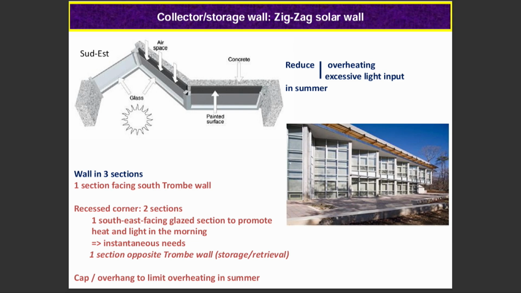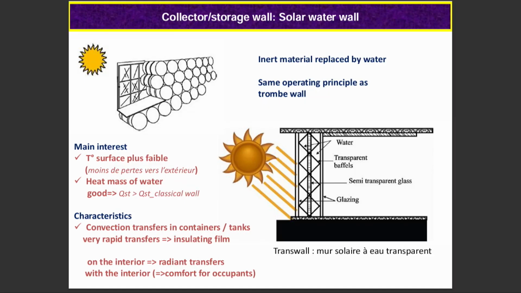So, an interesting study also: instead of stone, there is a container of water. You can see different pictures from the 80s. They tried to integrate inside the house a container of water, more or less integrated like a column, to add some thermal inertia.